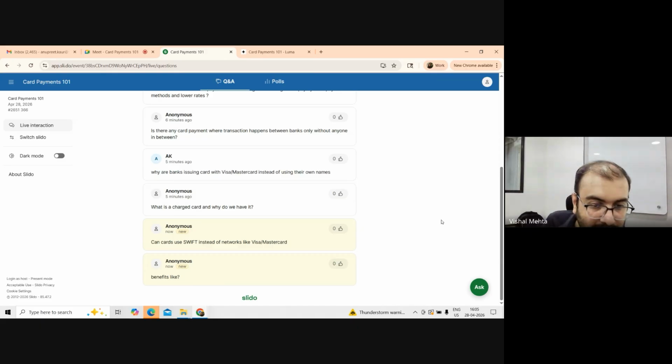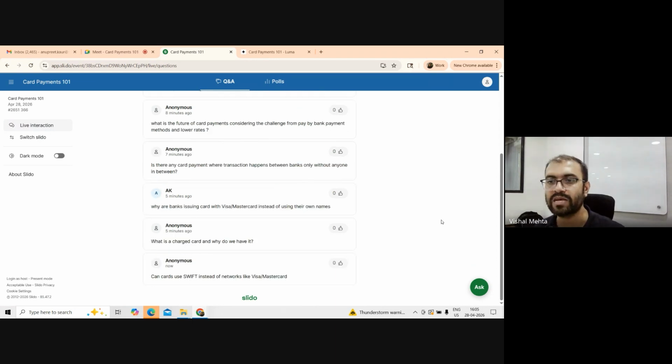Last one, can cards use SWIFT instead of networks like Visa and MasterCard? No, they cannot use SWIFT. Remember, SWIFT is a messaging system. It does not do anything else. Whereas Visa and MasterCard have a full-fledged payment network, with a lot of relationships between different issuing banks and merchant banks. SWIFT is nothing but a messaging layer.